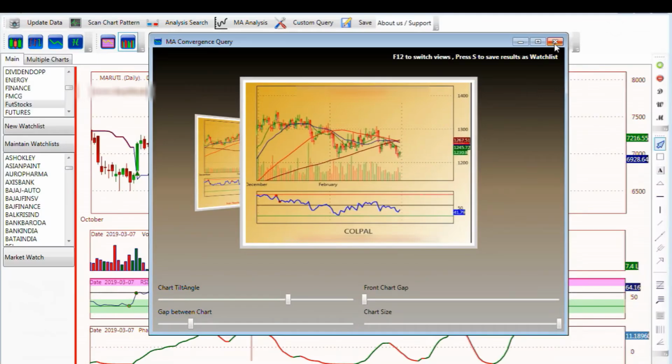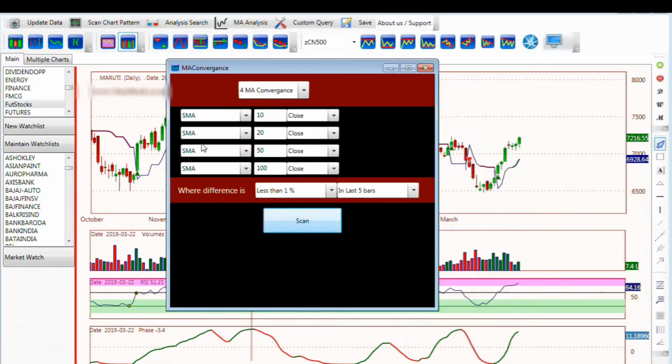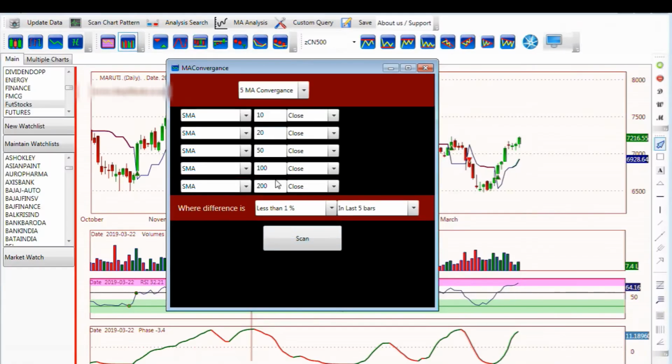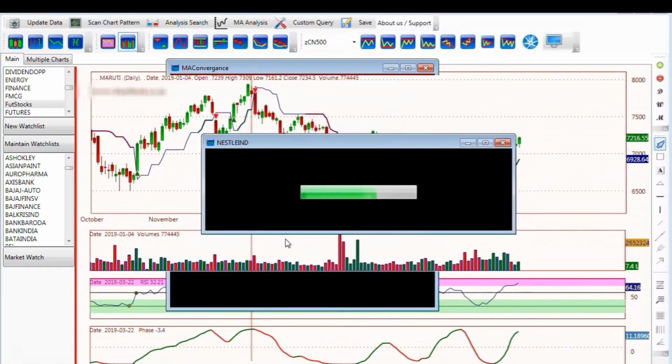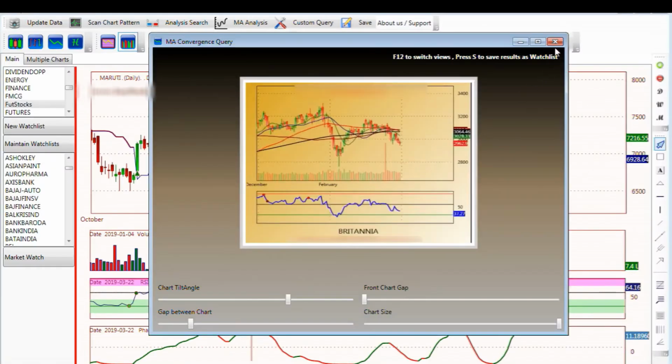As we increase the number of moving averages, like 3 MA, 4 MA, the consolidation is visible. Now we'll go to 5 MA convergence, and less than 2%, because there are 5 MA and only one.